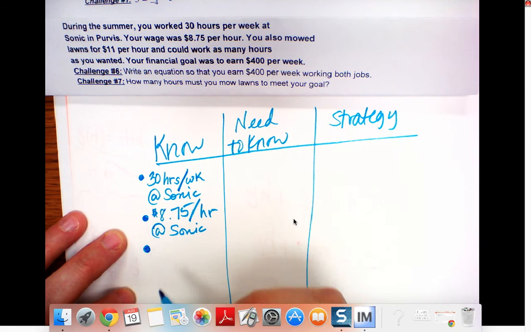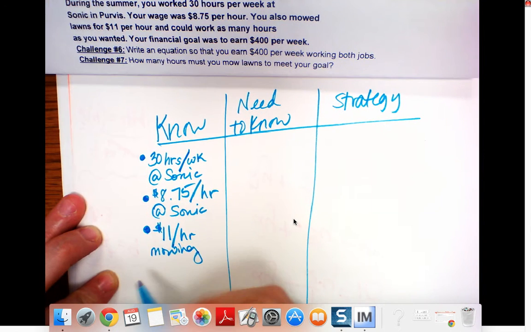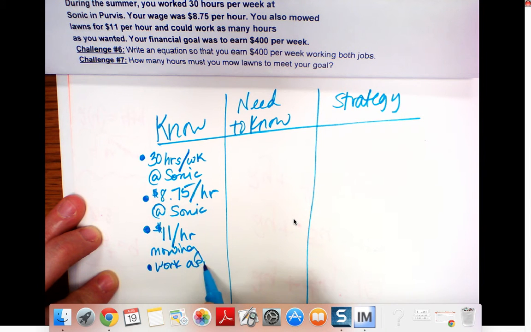Now you also mowed lawns for $11 per hour. $11 per hour mowing. You could work as many hours as you like mowing. So work as many hours as you like mowing.